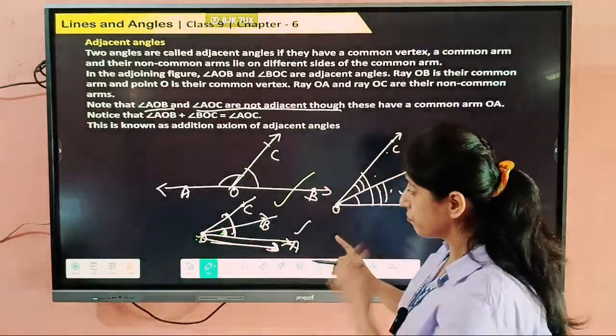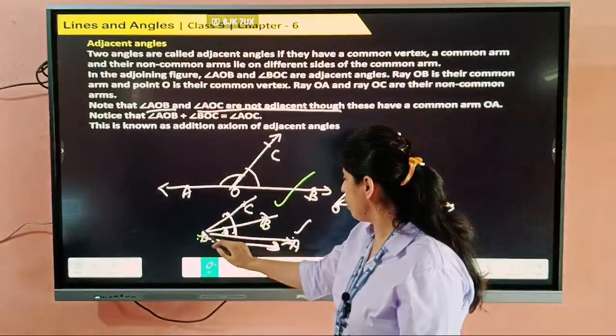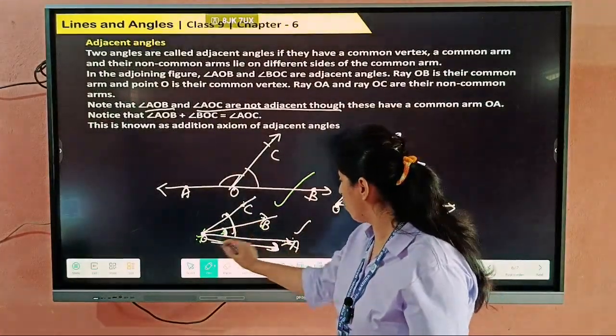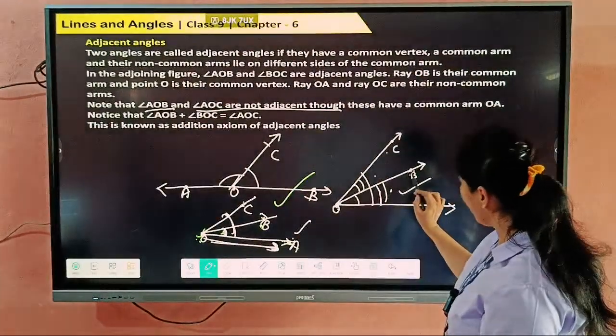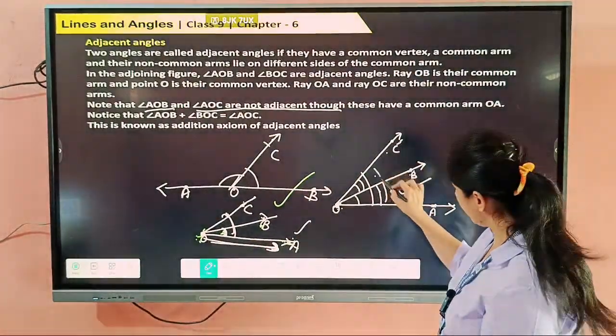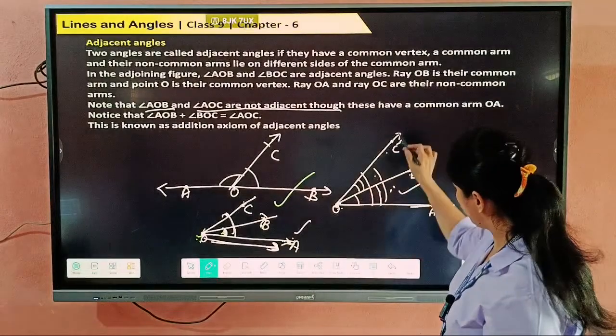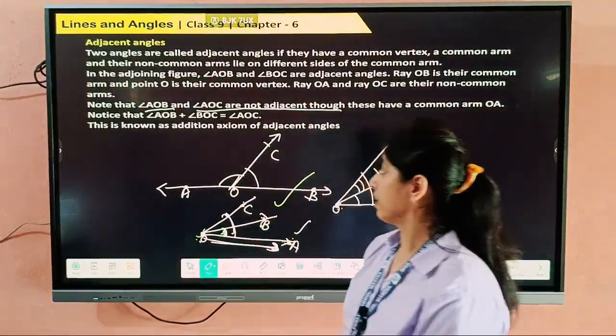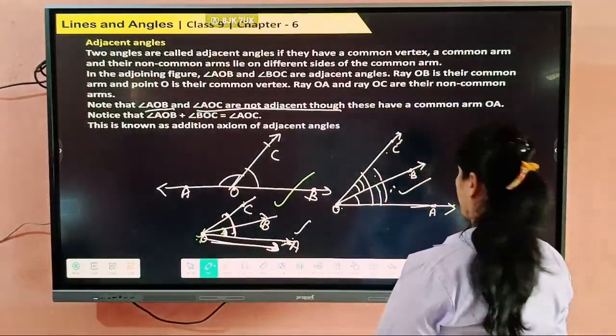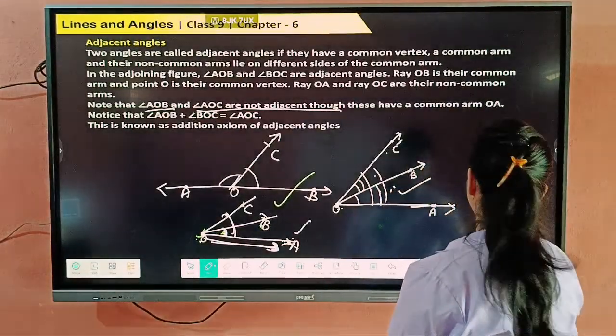So that's why we can't say that AOC and AOB are adjacent. Only AOB and BOC are adjacent. This angle and this angle are adjacent, but this full angle and one angle we can't say are adjacent angles, right?